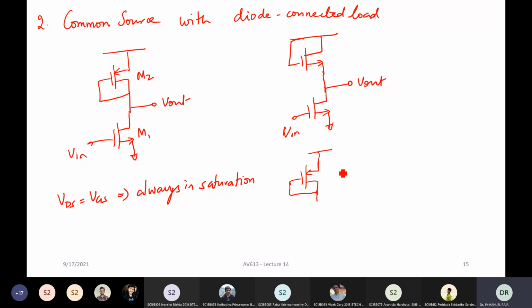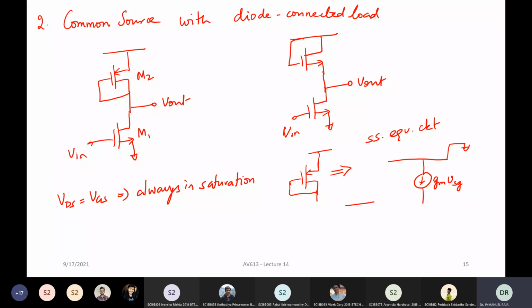Now, if you draw the small signal equivalent circuit, so this is a PMOS circuit, so everything goes reversed. What do you have? You have the source which is grounded, and you have a current source like this, which is gm VSG.